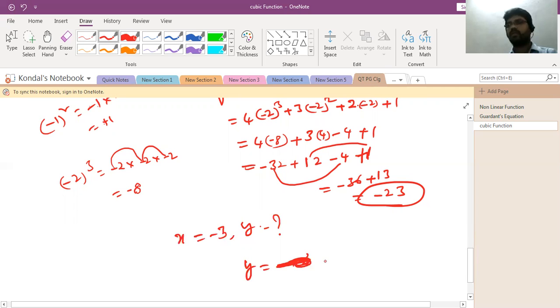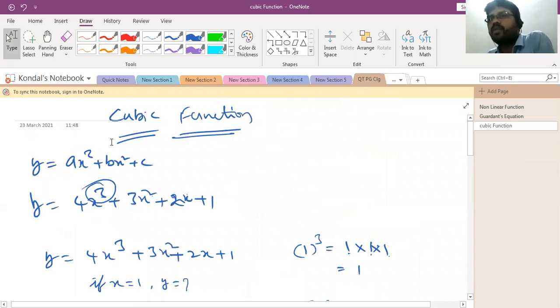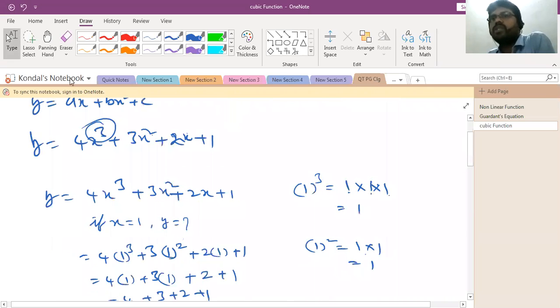Minus 86. So here we can take the values of x and y only, then we will come to know what is the shape of the curve. So I am going to remove this one. Have you taken this one?